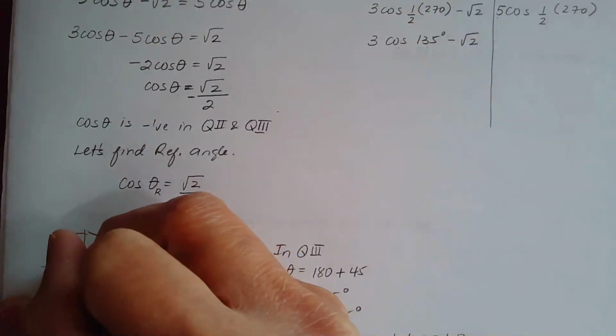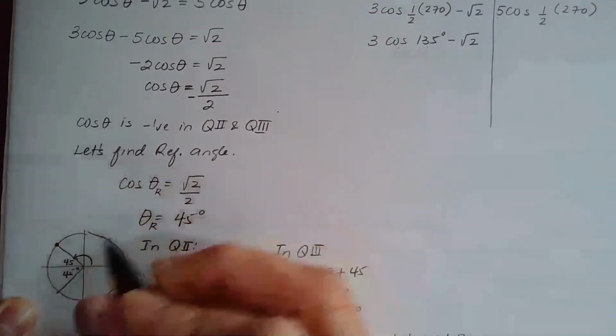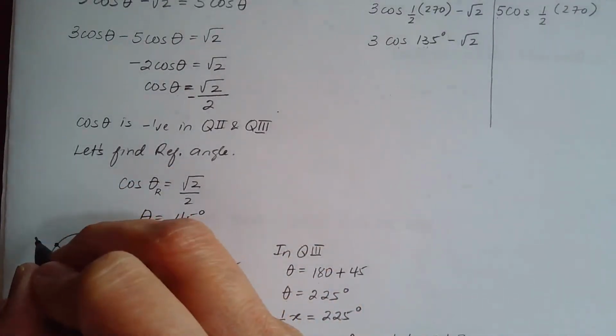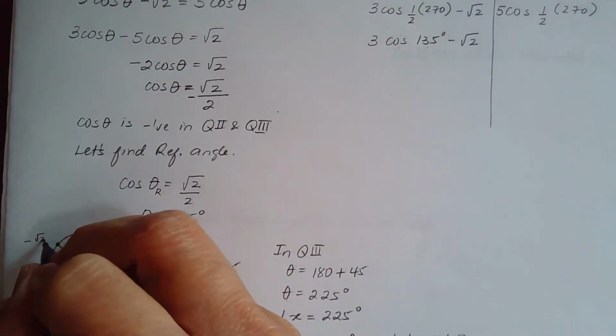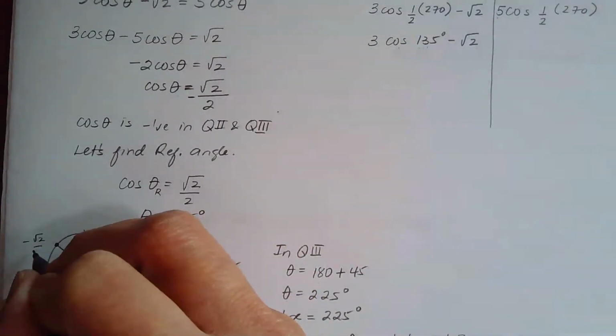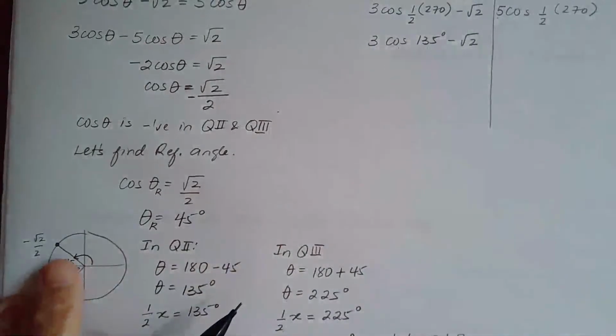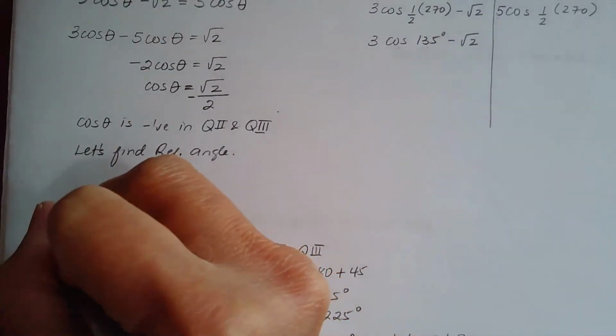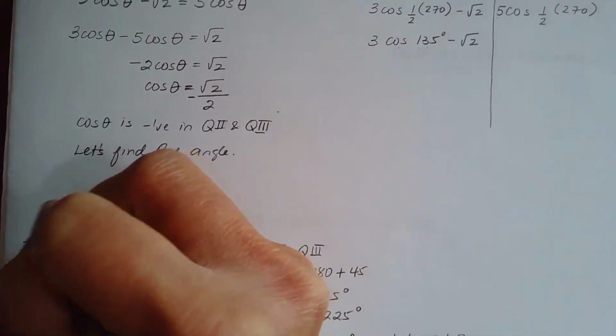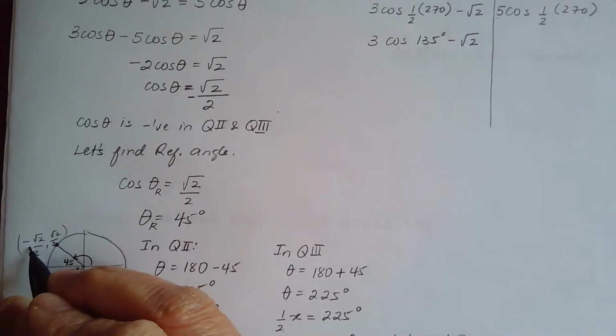Cos is going to be negative root 2 over 2. So the cos is going to be negative root 2 over 2.